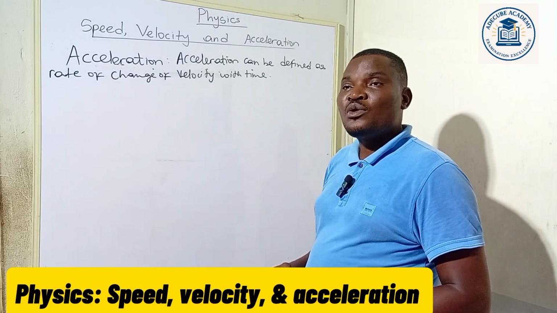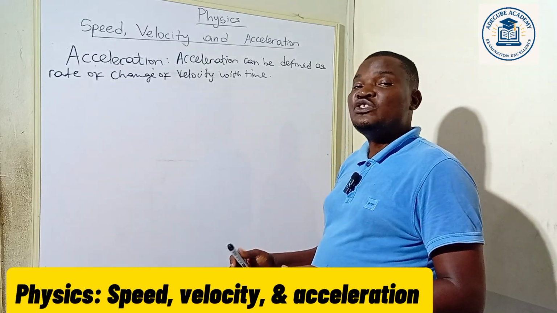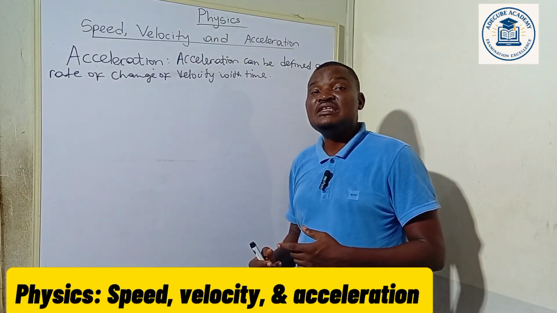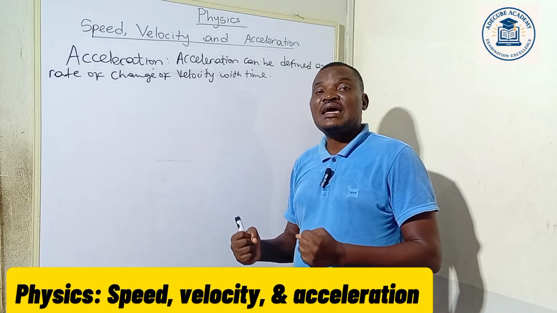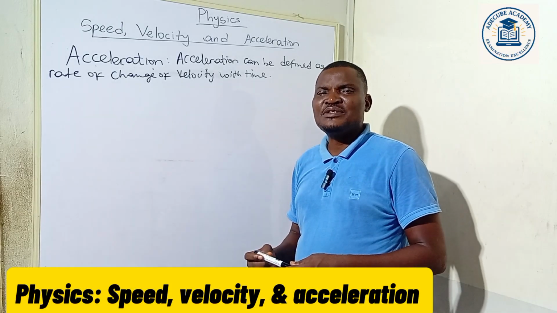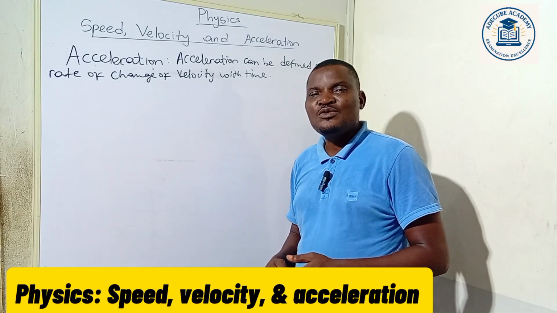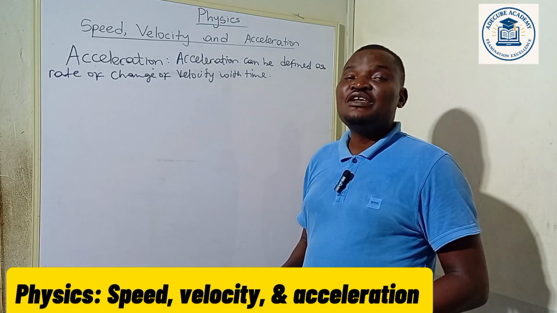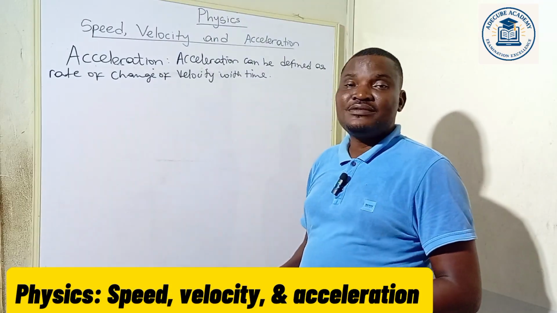The accelerator is what we use to change the velocity of the car per time. That's why you hear drivers telling themselves, "Accelerate! Are you accelerating?" That means you need to increase your velocity.